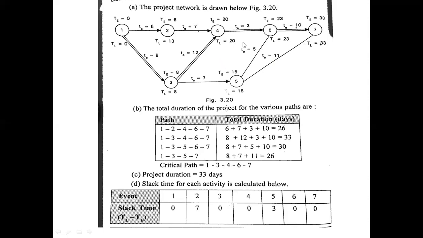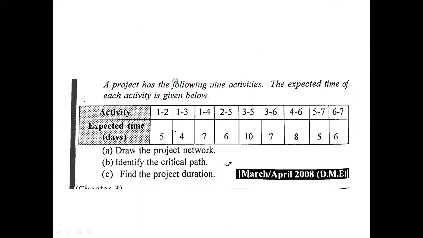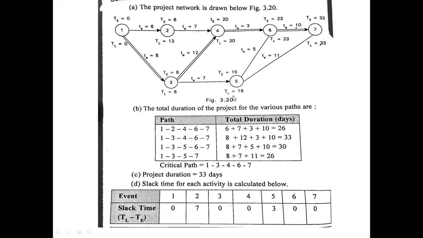Similarly for the fourth it is 23 minus 3, which is 20. And for the third event it is 18 minus 7, which is actually 11, but here they have given 8. Let me tell you why. See here, 20 minus 12 is 8.